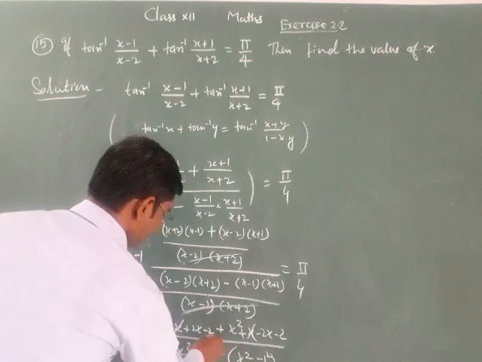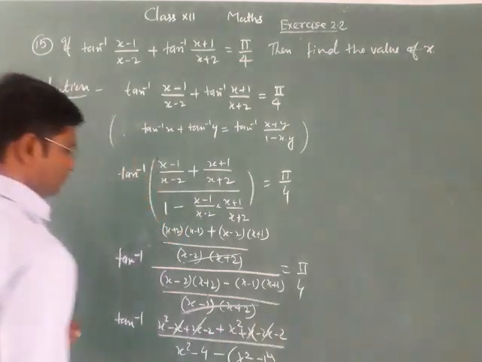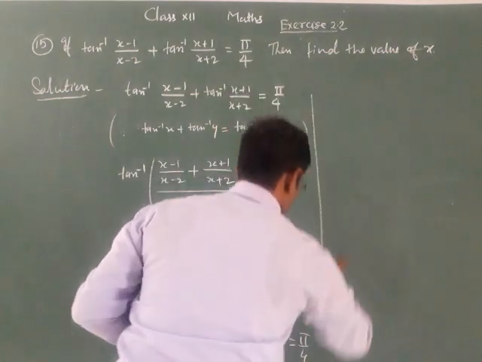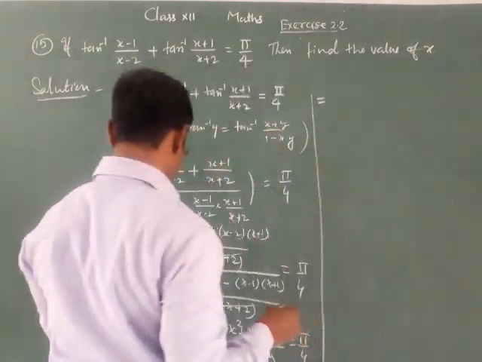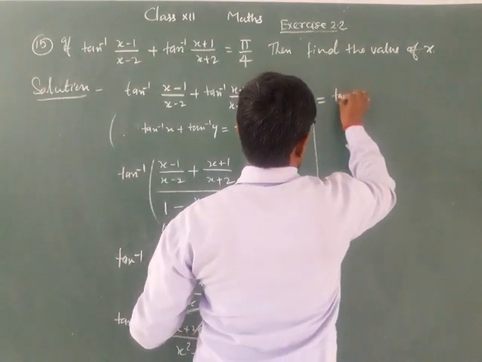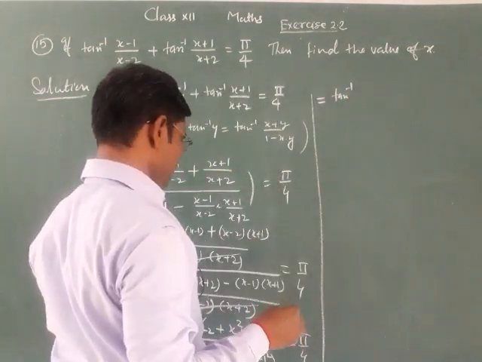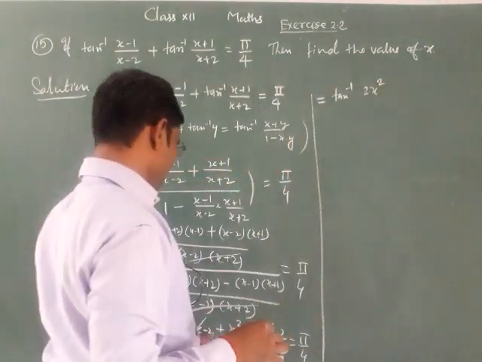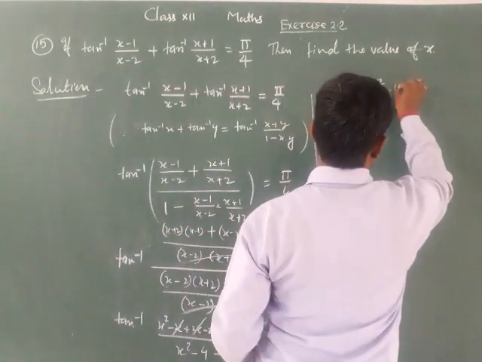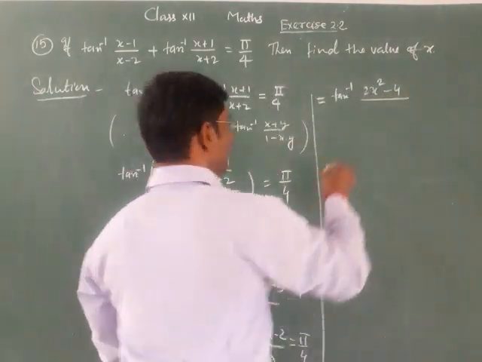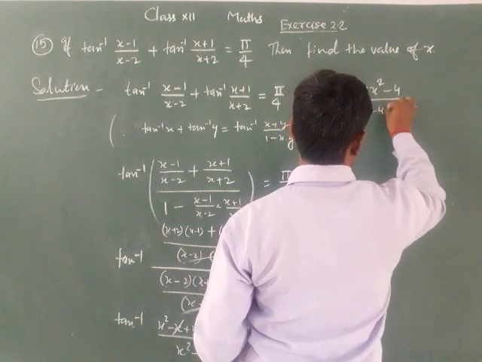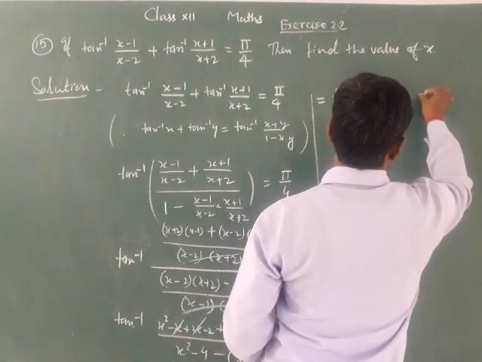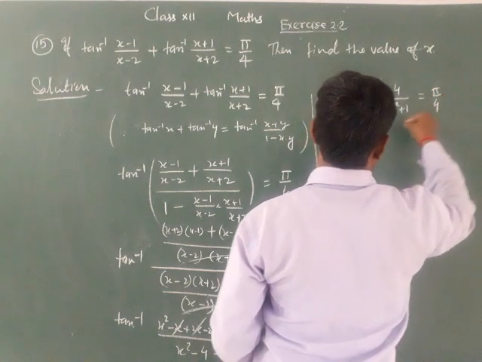So minus x plus 2x minus x. So cancel out, is equal to pi by 4. So also you can write tan inverse of (x square plus x square, 2x square minus 2 minus 4) divided by (x square minus 4 minus x square plus 1) is equal to pi by 4.